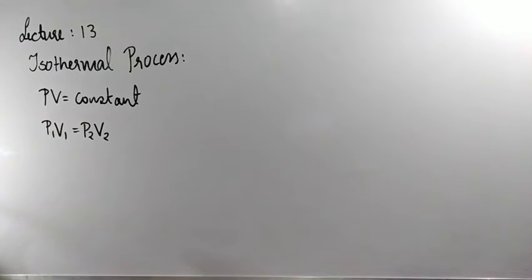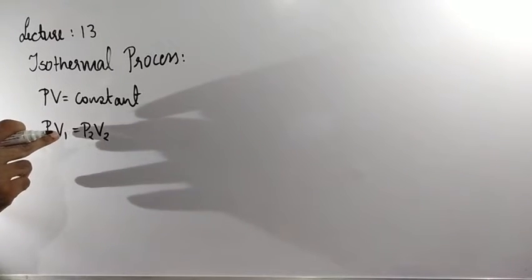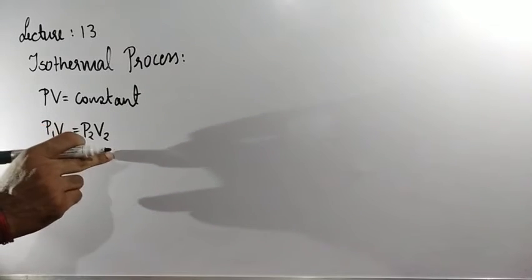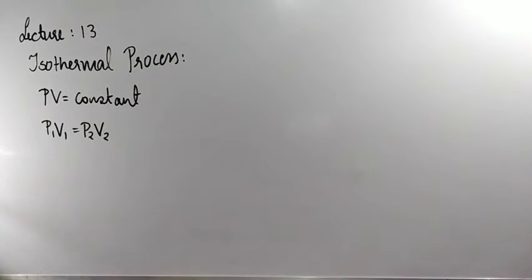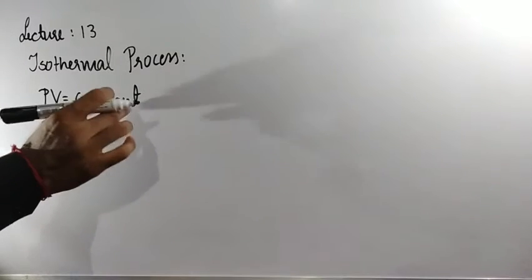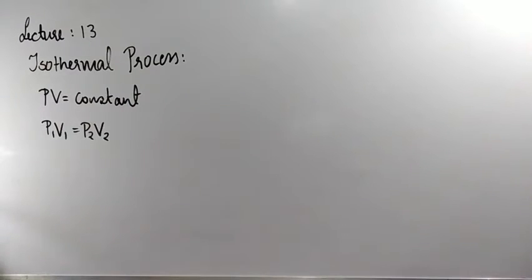Somehow this product will be constant. Like half and 2: 2 will cancel, product is 1. 2 and half, again 2 will cancel, product will be 1. So P1 V1 is equal to P2 V2, which is nothing but a constant.